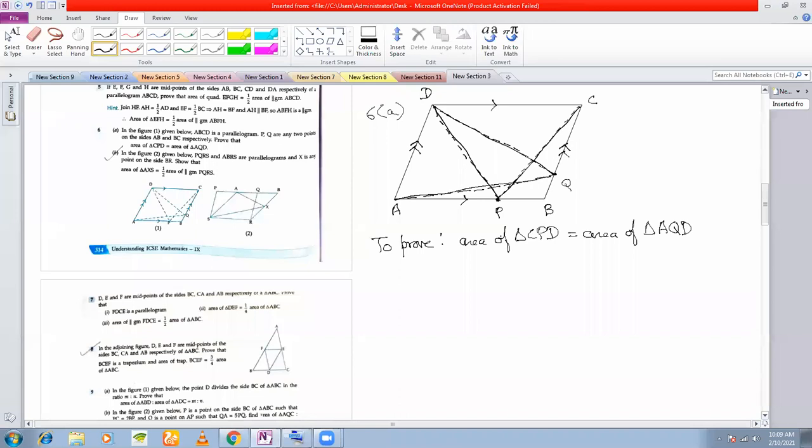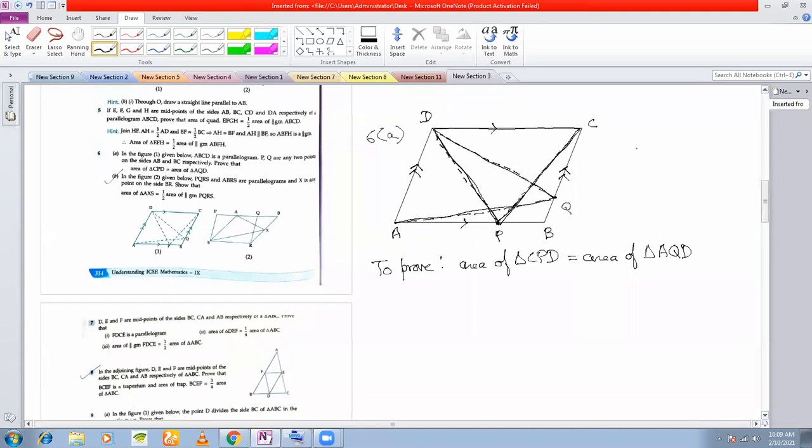Now, this is something that is very easy because if you see area of triangle CPD, this triangle here is half area of the parallelogram. Why? Because it lies on this base CD and lies between these two parallel lines. So therefore, area of triangle CPD is half area of the parallelogram.